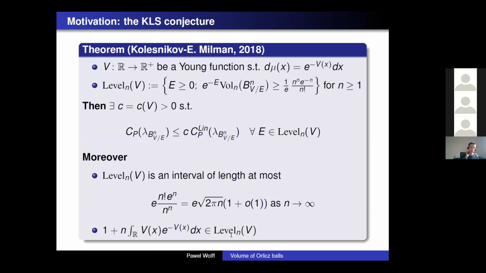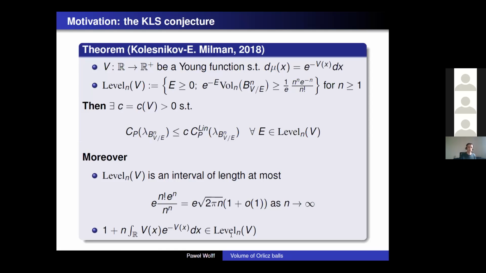Okay, so let me now state the theorem, one of the partial results on this conjecture that was actually our motivation for this work that I'm presenting now.